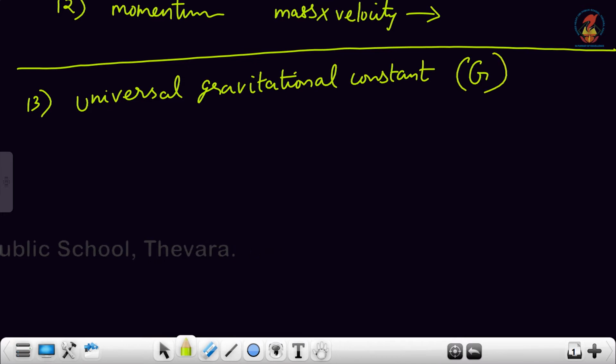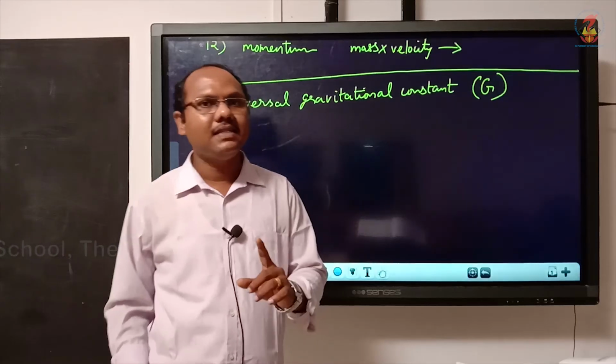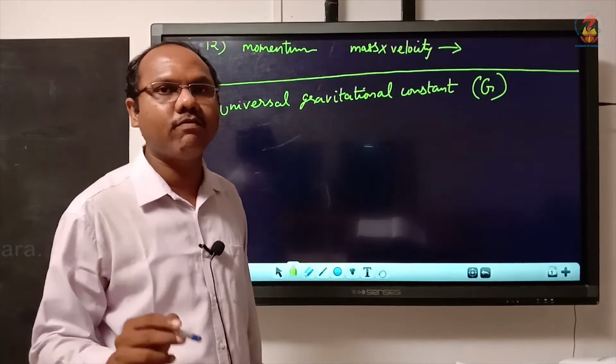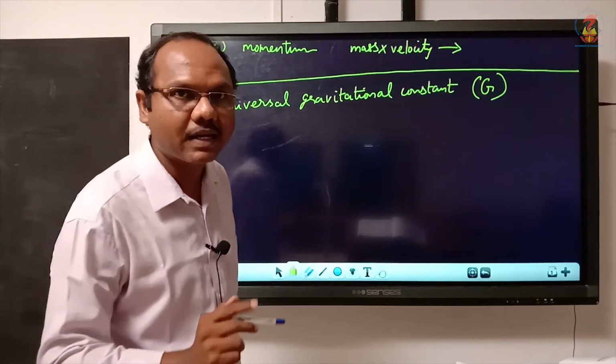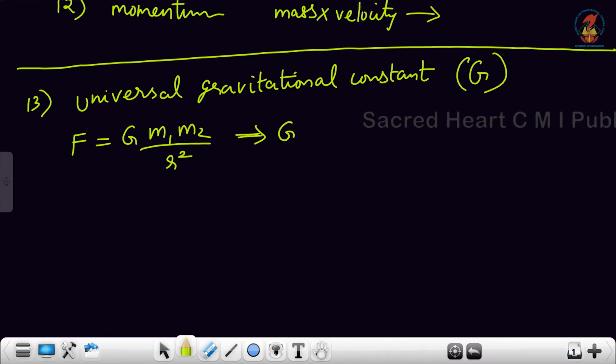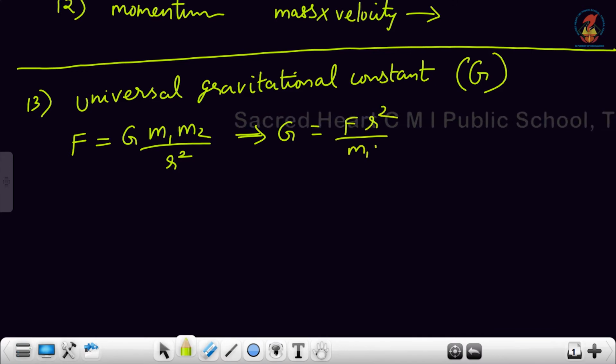It is capital G. In 10th standard, you have written F is equal to G m1 m2 by r square, the universal law of gravitation. So I write the equation F = G m1 m2 by r square, and from here I want G, which is F r square by m1 m2.